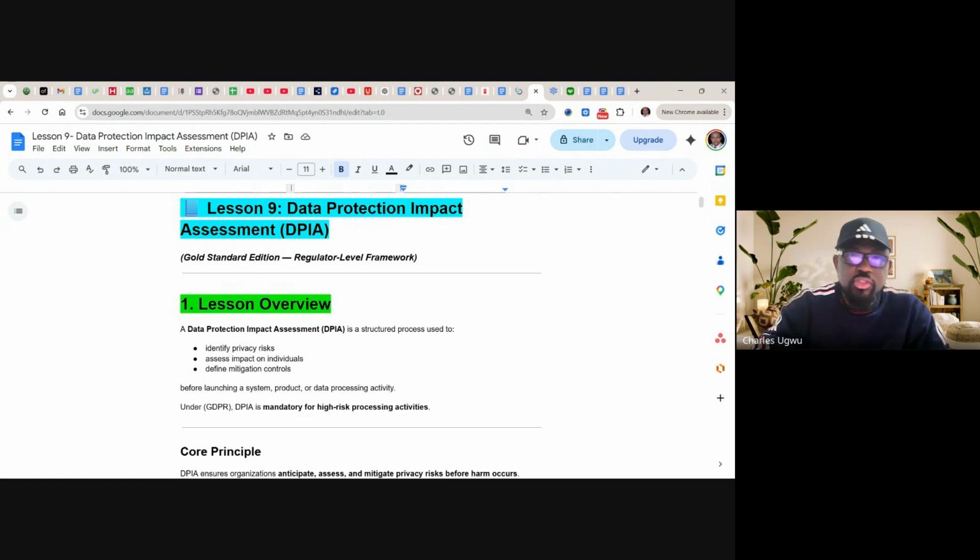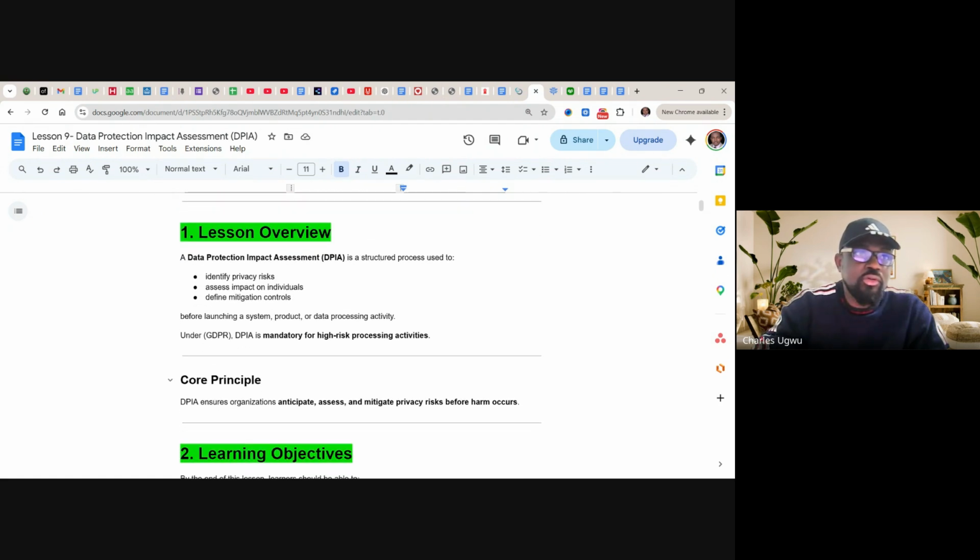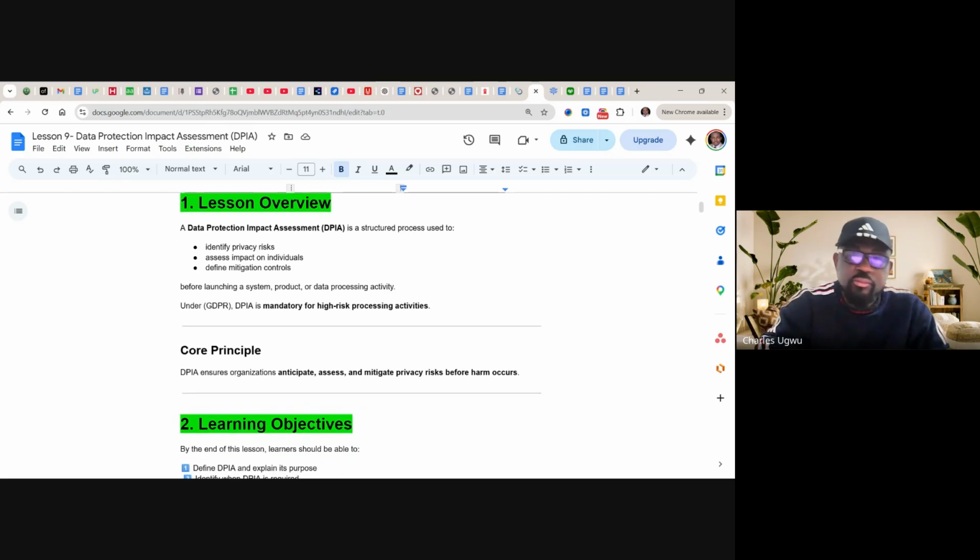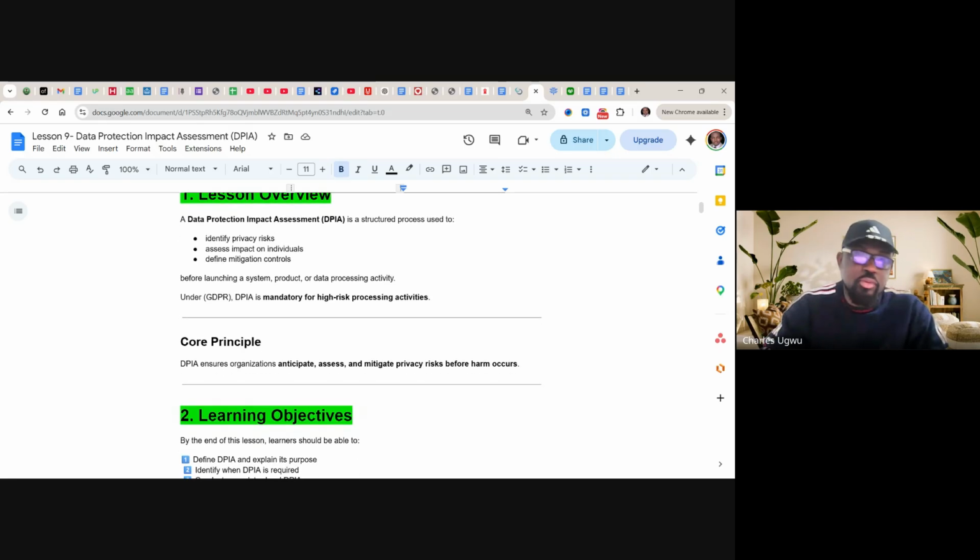So for any data you need to work on, before you start working on that data, you must assess the risk involved. That is the main purpose.